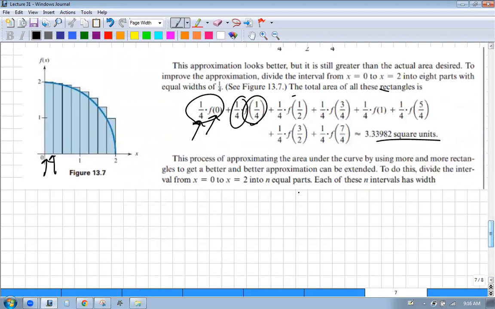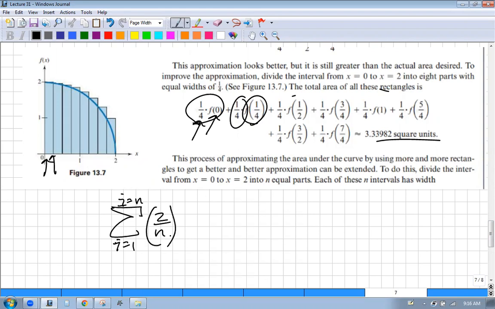All right, so we have n intervals. I'll do i equals 1 to i equals n, so we're summing from 1 to n here. You take the whole interval, in this case 2, and divide it into n intervals.